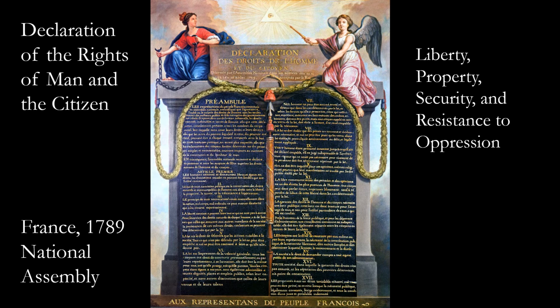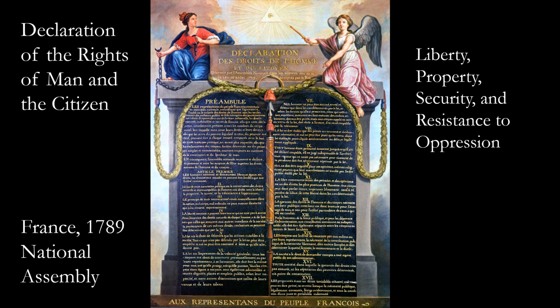People are innocent until proven guilty. Freedom of expression, freedom of speech, if you will, freedom of the press, general security, and the right to decide personally or by representatives as to the necessity of public contribution. Here it talks about taxes and says that the French have a right to know where their tax money goes, to have a free and transparent accounting, and that nobody should have to pay taxes unless those taxes have been approved by a representative government.